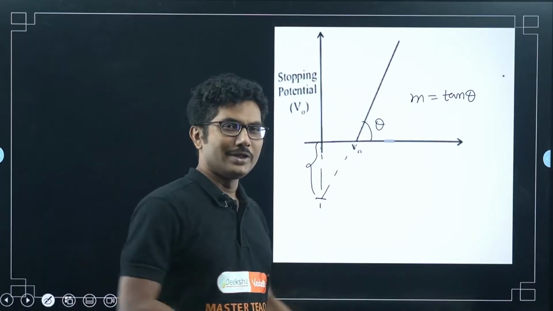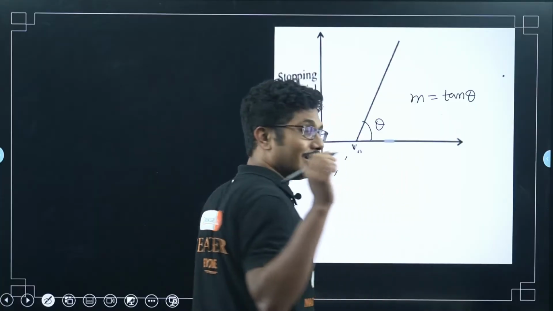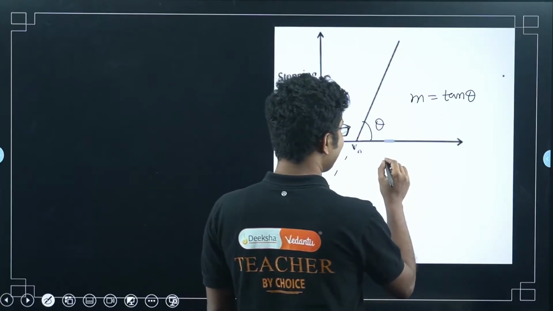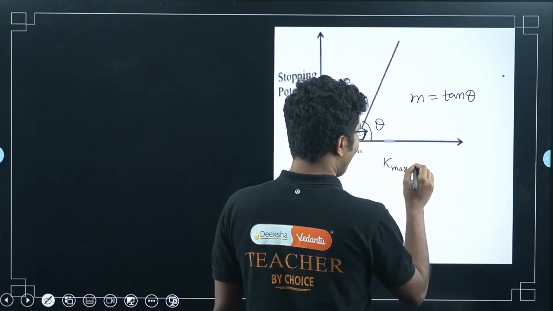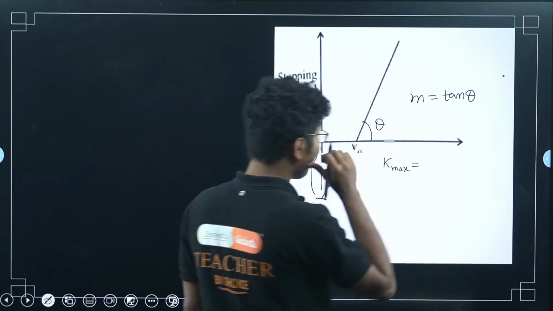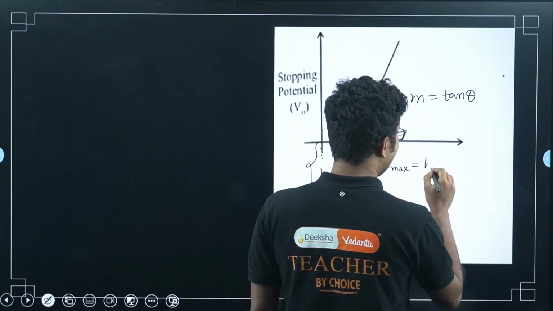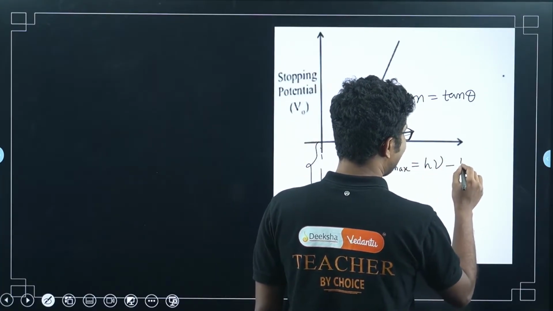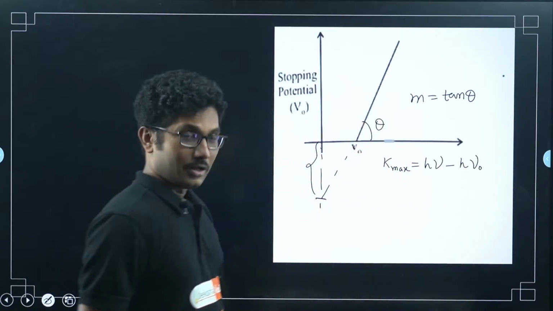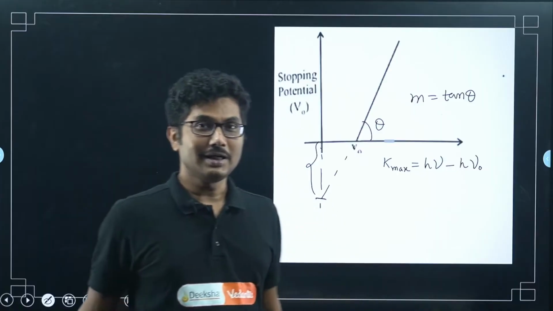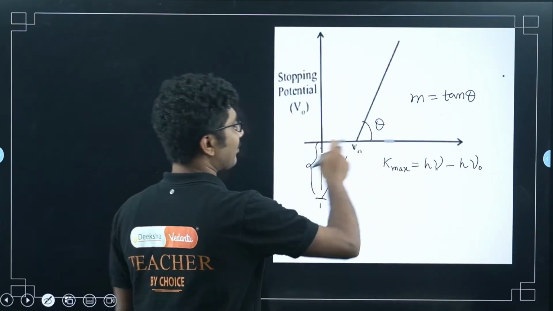But we know that there is one more equation, Einstein's photoelectric equation, that gives Kmax, the maximum kinetic energy of an electron emitted by the photoelectric effect, as h nu minus h nu naught. This is the work function, and nu naught is the minimum frequency, the threshold frequency, and nu is the frequency for which you are plotting the graph.